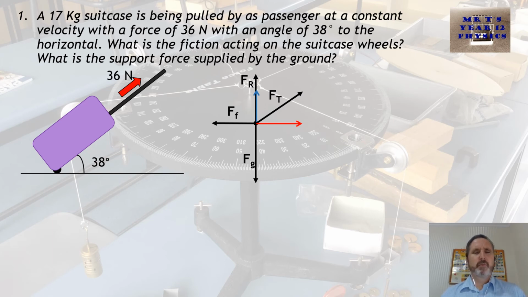Also, because the tension force is at an angle, I know that I'm going to separate this into components so I can easily solve this problem. So this angled force is going to be separated into a vertical and a horizontal. The blue arrow represents the vertical part of the tension force and the red arrow equals the horizontal part.